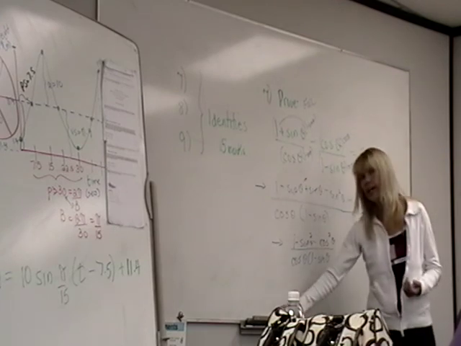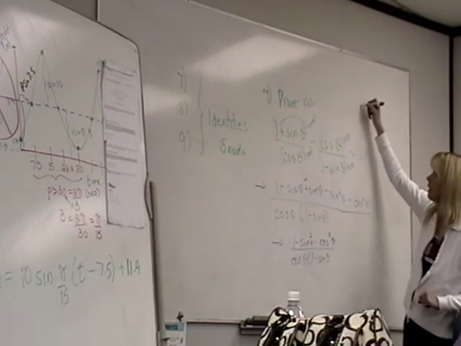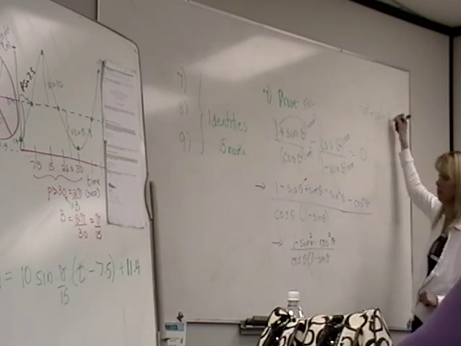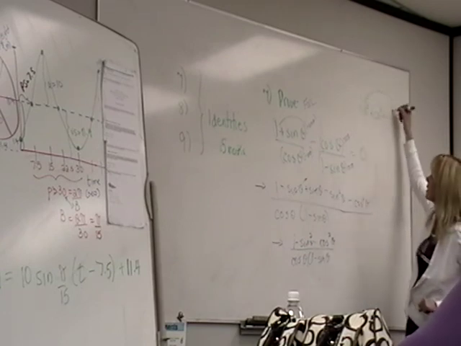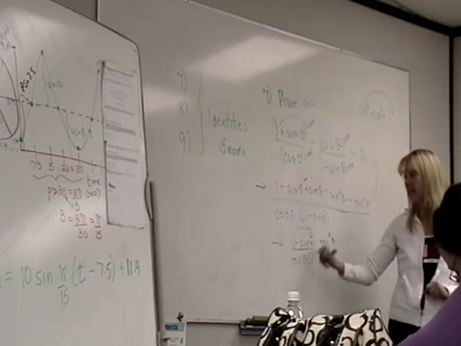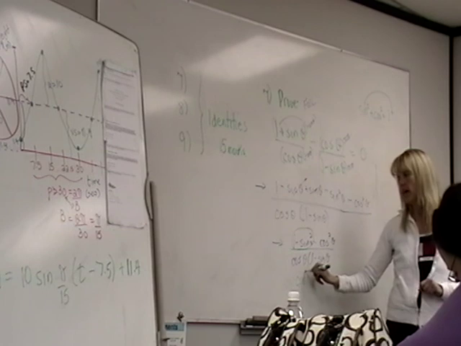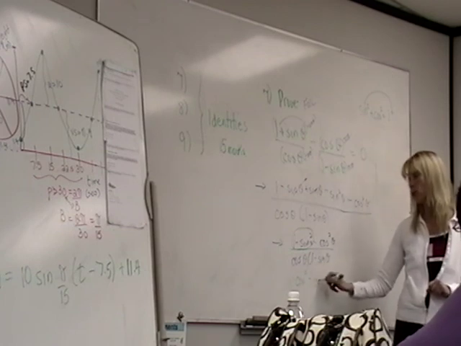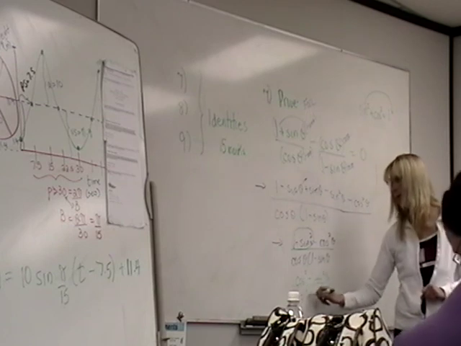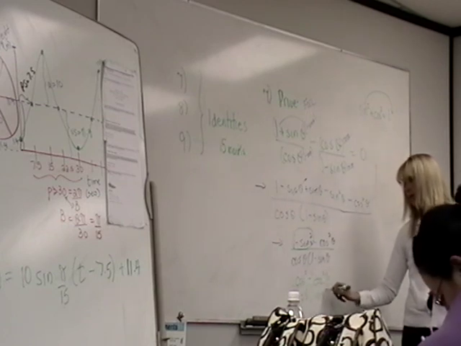Then you look at your identity sheet and you can manipulate. You know that sine squared plus cos squared equals 1. So you can subtract sine squared and you'll get cos squared. So that there equals cos squared. So you get cos squared minus cos squared over that denominator.